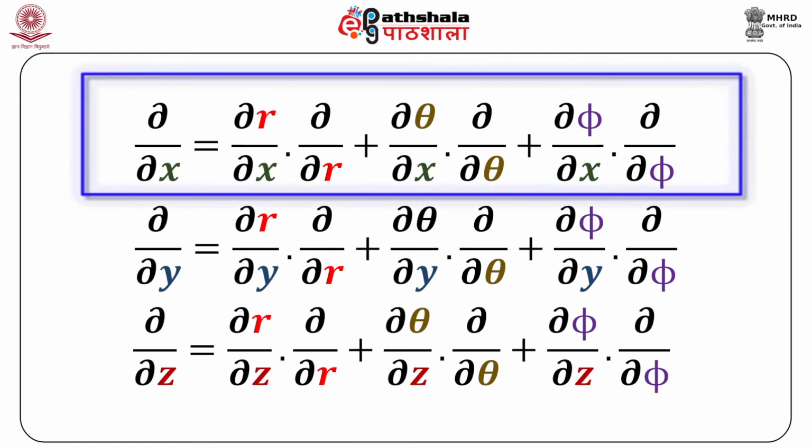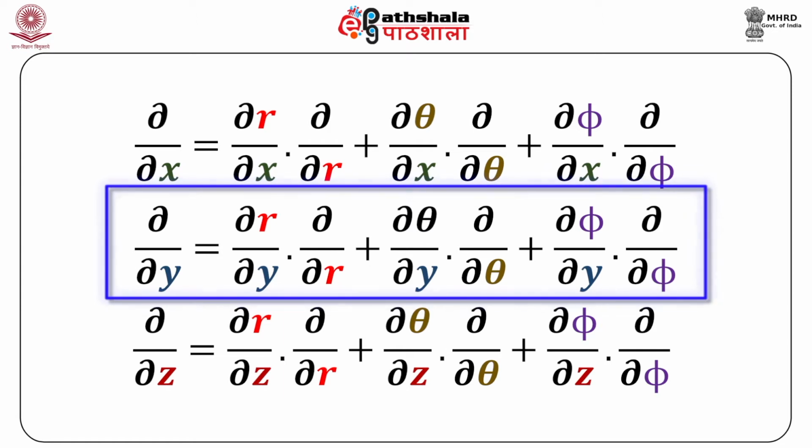Del by del x becomes del r by del x into del by del r plus del theta by del x into del by del theta plus del phi upon del x into del by del phi. Similarly, del by del y becomes equal to del r by del y dot del by del r plus del theta upon del y dot del by del theta plus del phi upon del y dot del by del phi.